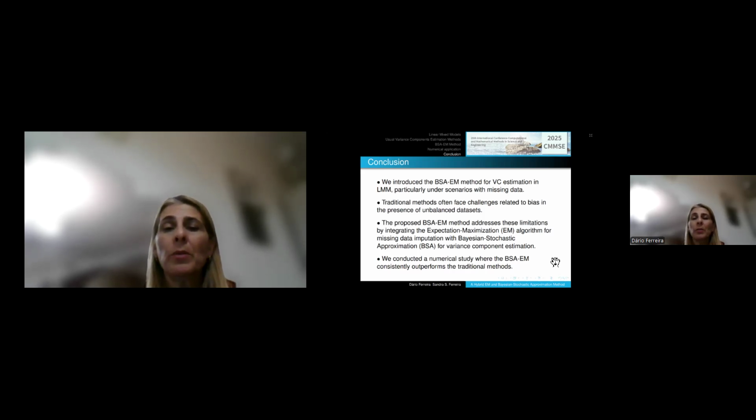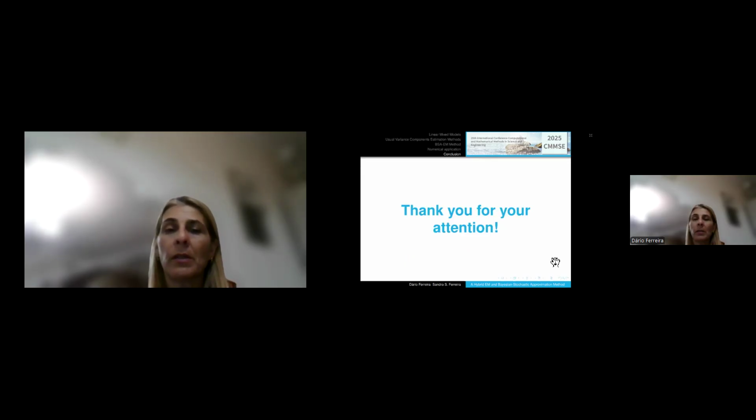The proposed BSA-EM method addresses these limitations by integrating the expectation-maximization algorithm for missing data imputation with Bayesian-Stochastic Approximation for variance component estimation. We conducted a numerical study where the BSA-EM consistently outperforms the traditional methods.